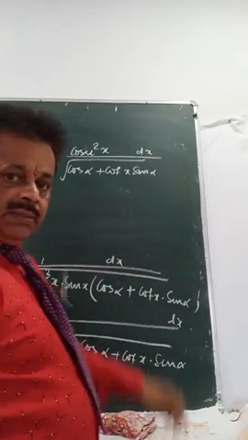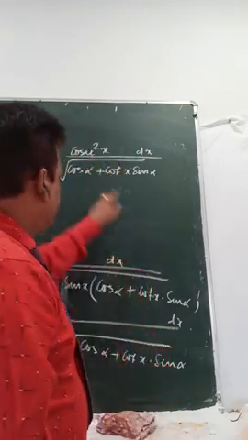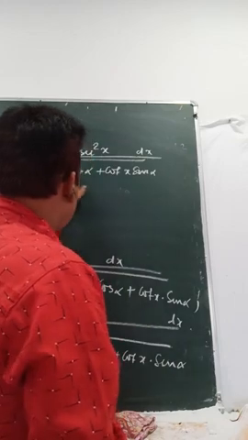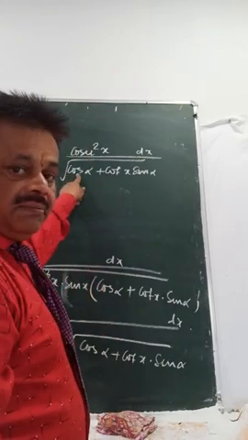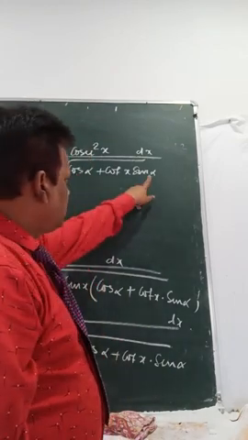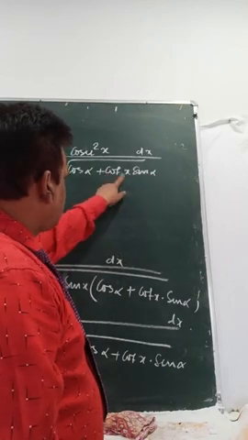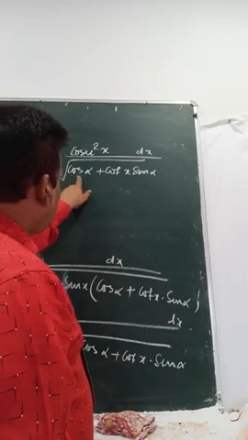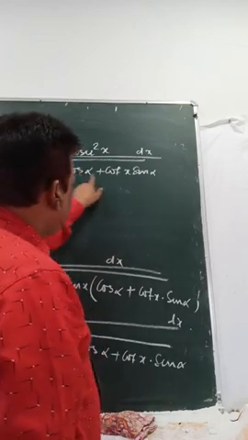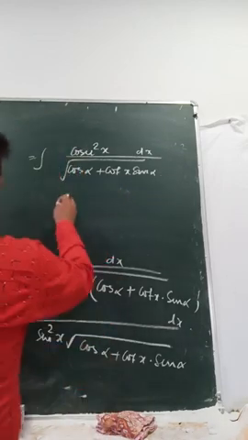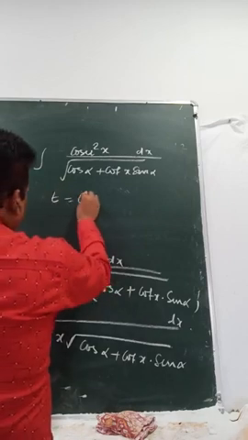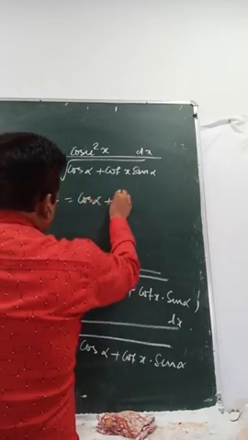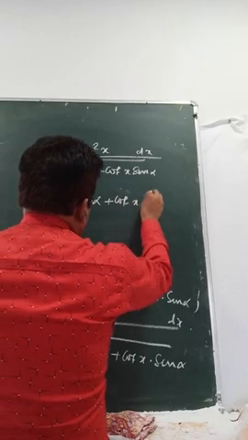Got it? Now, if I take this one as t, cos alpha is constant, so its derivative will be 0. The derivative of cot x is minus cosec square x. That means altogether you can take it as t. So t equals cos alpha plus cot x sin alpha.